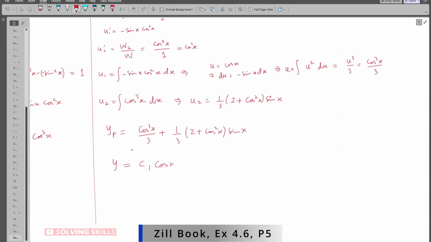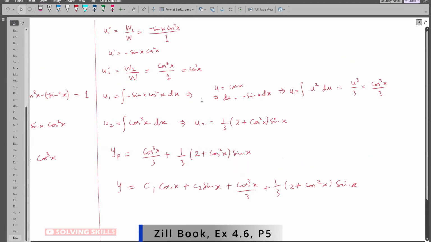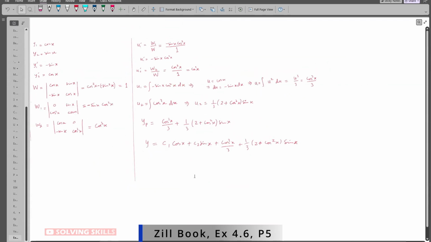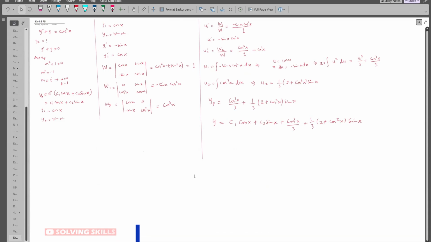C1 cos x plus C2 sin x plus the particular part, cos cube x divided by 3 plus 1 over 3, 2 plus cos square x, sine of x. Okay, so this is the final solution, and in my opinion, this is a more mechanical method based on formulas.